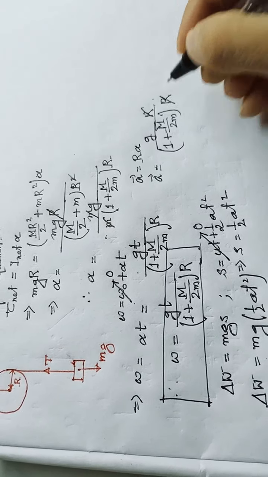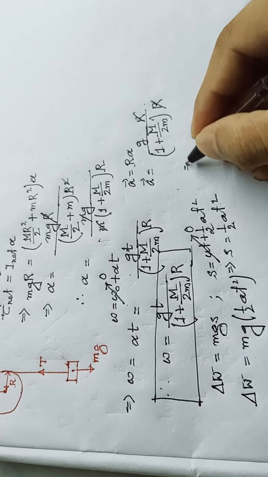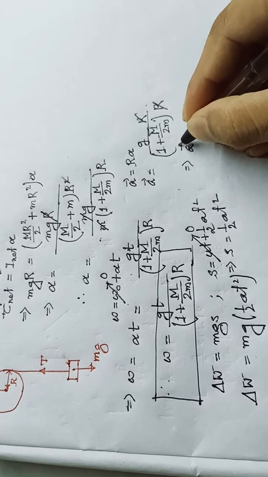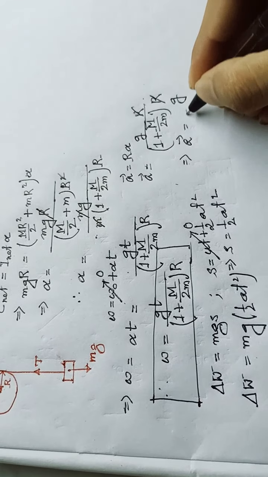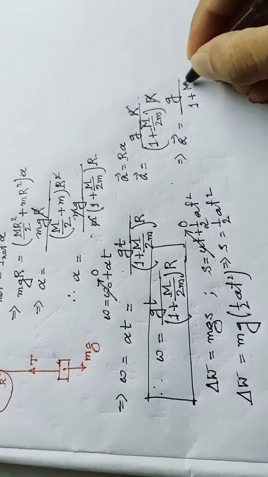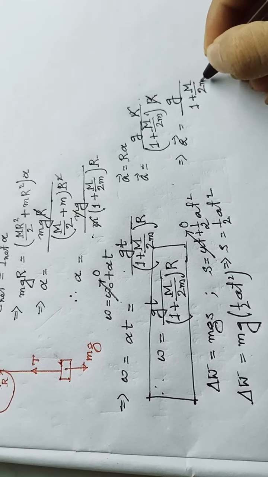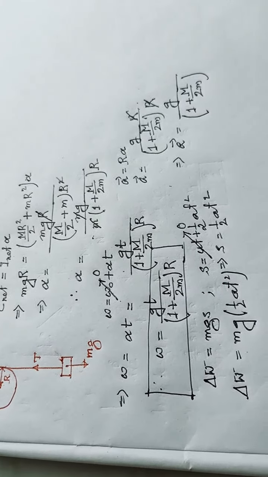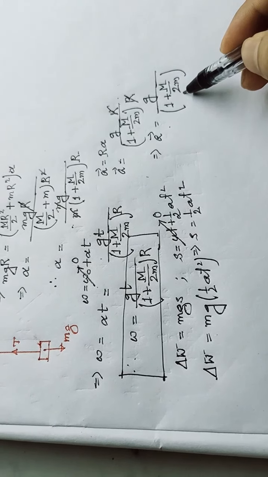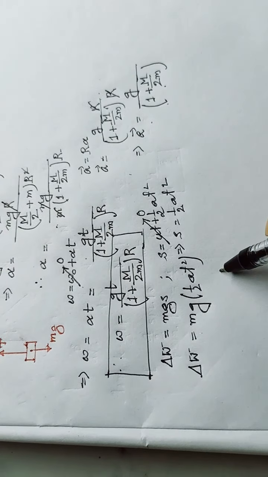This r and r get cancelled, so our linear acceleration will become a equal to g divided by 1 plus capital M divided by 2 times small m. So this is our required acceleration.